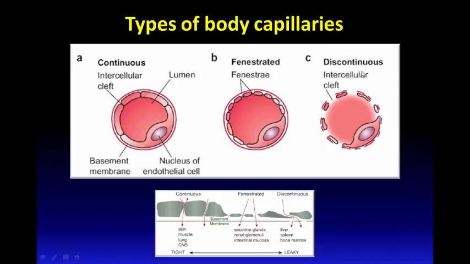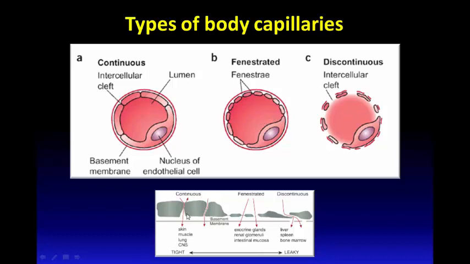The discontinuous or the sinusoidal capillaries have wide intercellular clefts, much wider as compared to the intercellular clefts which we have in the fenestrated capillaries or the continuous capillaries.